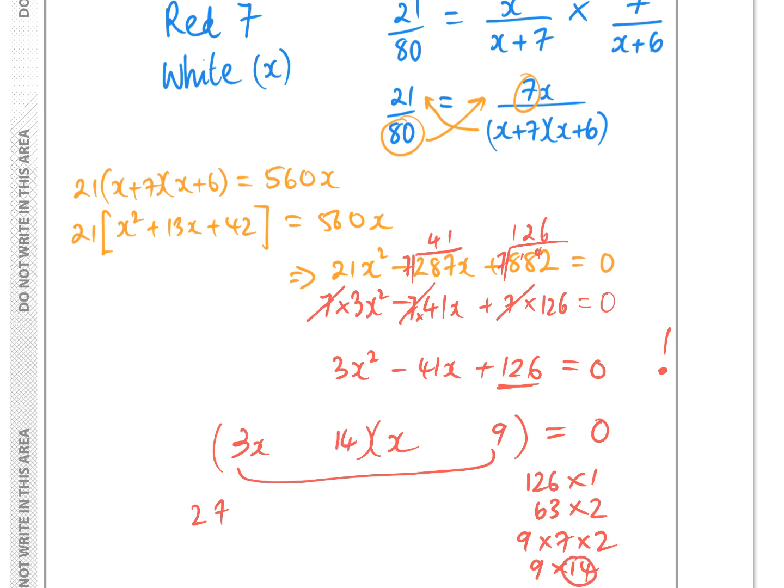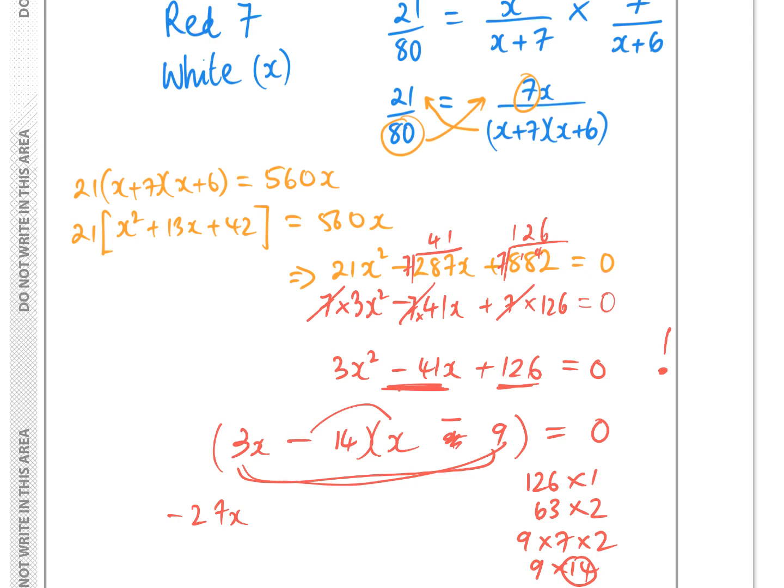Sorry, we'd have a minus 27x, and then minus some more to give us a grand total of minus 41x. So we'd actually end up with that.